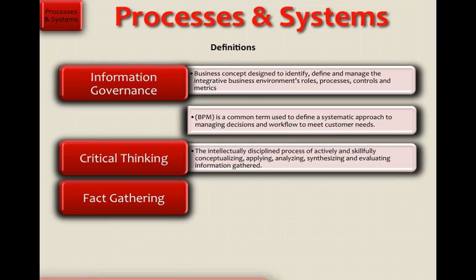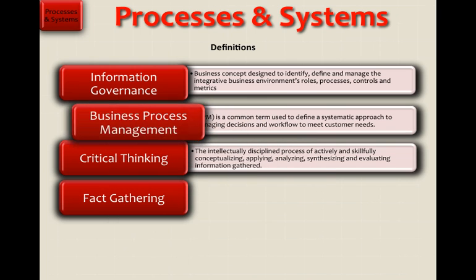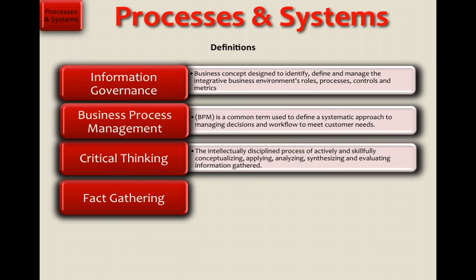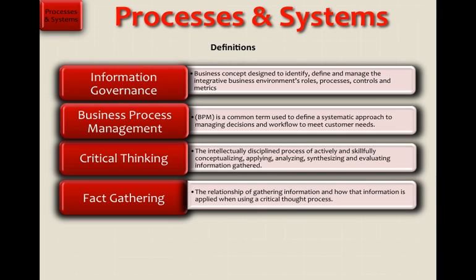Critical thinking, the intellectually disciplined process of actively and skillfully conceptualizing, analyzing, applying, and synthesizing information that's been gathered. Business process management, or BPM, is a common term to define a systematic approach to managing our decisions and our workflow.